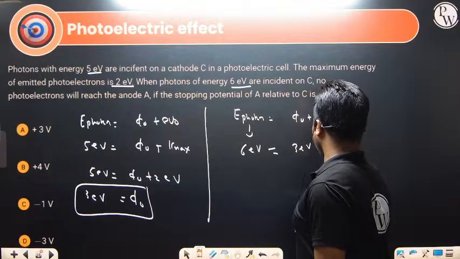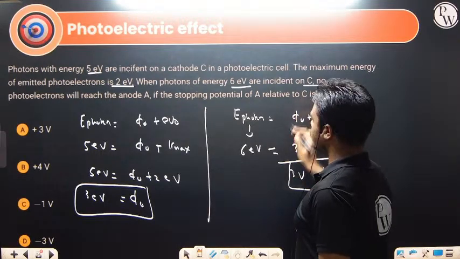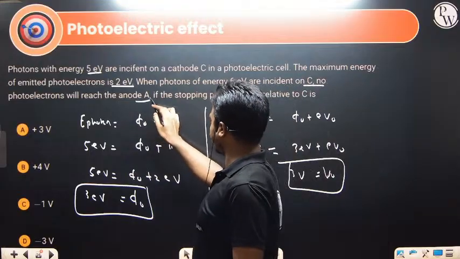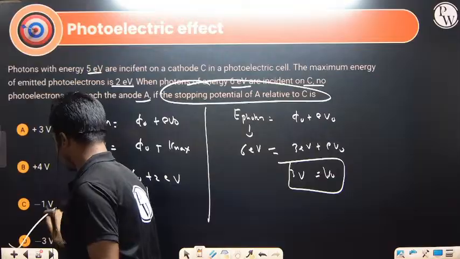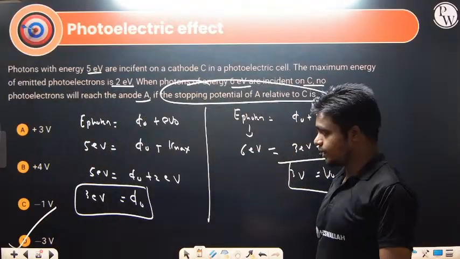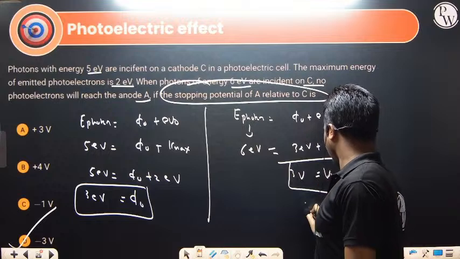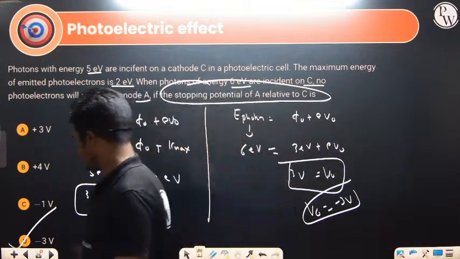So the stopping potential is 3 volt. No photoelectrons will reach the anode A if the stopping potential of A relative to C is how much? The answer is -3, because the anode will always be negative. So the stopping potential is -3 volt. Okay.